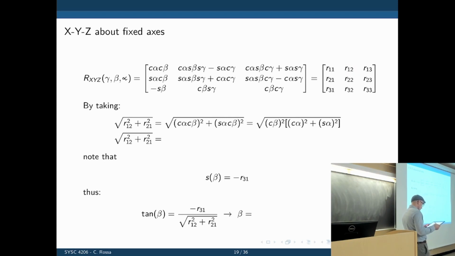I think there's a mistake here. Let's say you take these two elements, and you square them and take the square root. It's simply an empirical observation. What happens? If you square that and take the square root, we have cosine alpha, sine alpha squared. When you add them up, sine squared plus cosine squared of the same angle is 1. And then we are left with cosine beta squared, and you can factor out the cosine beta squared square root.